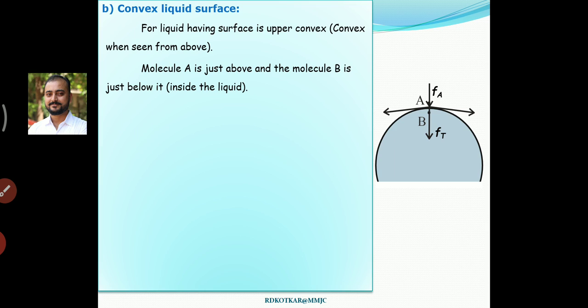Again the molecule A is present above the liquid surface and molecule B is present below the liquid surface, that is, inside the liquid. Now in this case what happens?